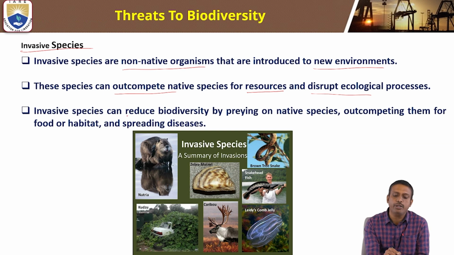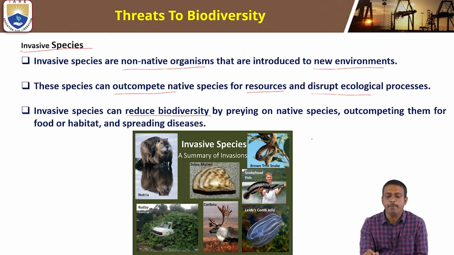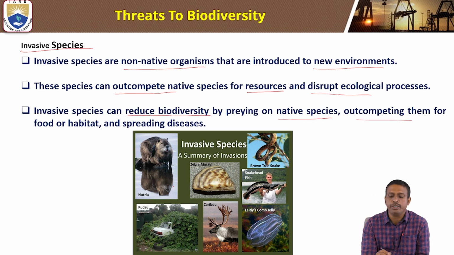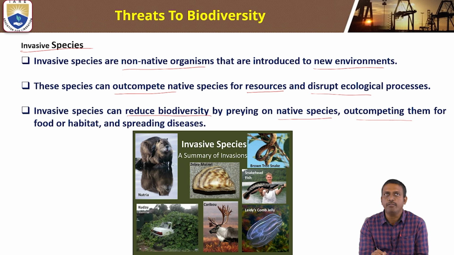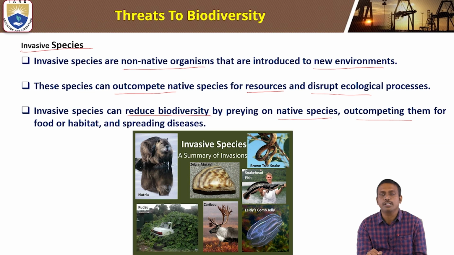Invasive species can reduce biodiversity by preying on native species, outcompeting them for food or habitat, and spreading diseases. For example, nutria, brown tree snake, zebra mussel, and snakehead fish are some of the invasive species.